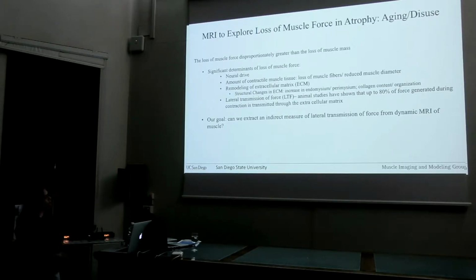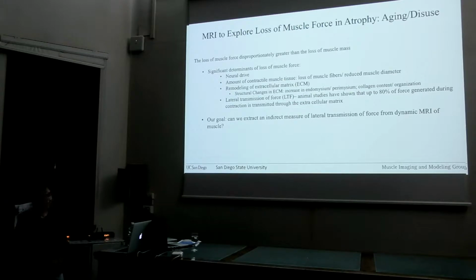So our question was that so many of the animal models and various experiments that have gone beforehand suggest that the force that's generated by the muscle fibers can be transmitted not just through the myotendinous junction, but laterally through the endomysium.